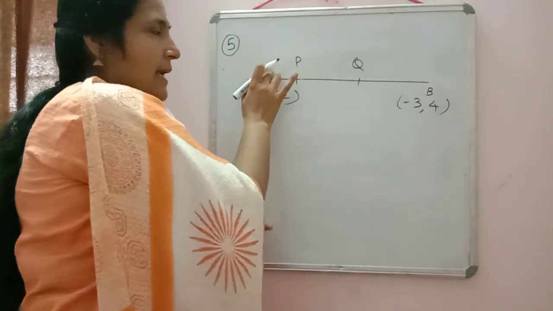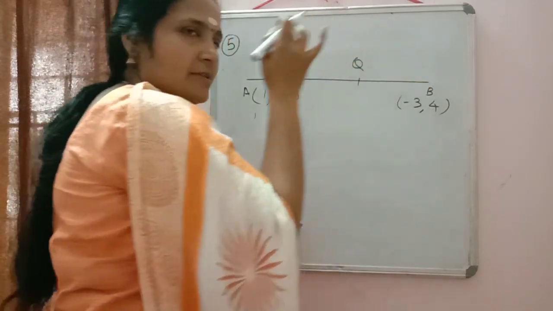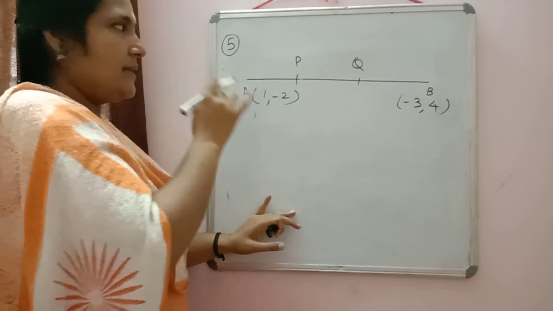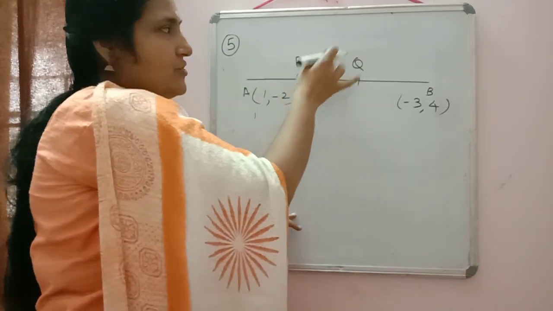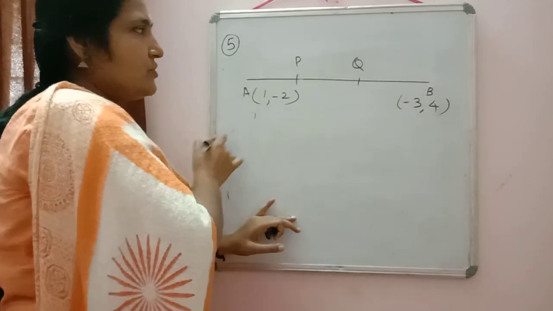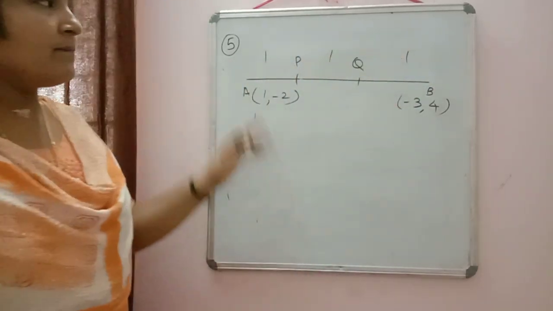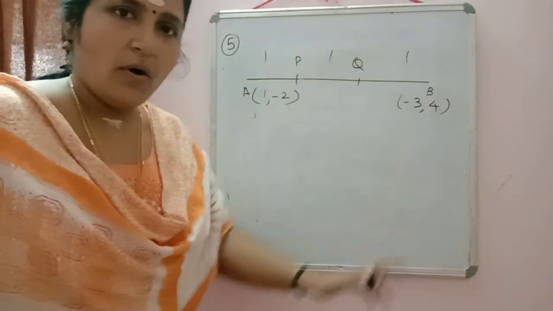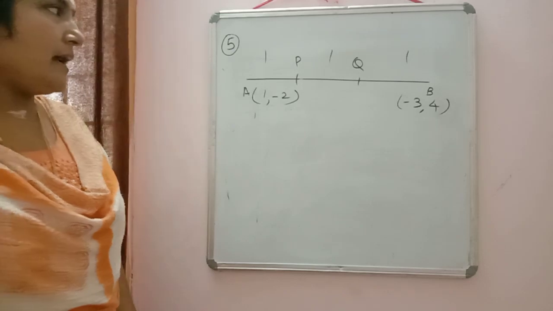If AP is 2, then PQ also will be equal to 2. QB also will be equal to 2 only. Then what the ratio will come? 2 by 2. Again 1:1. Here also 1:1. So if you will check, all these ratios will be equal to 1:1:1.